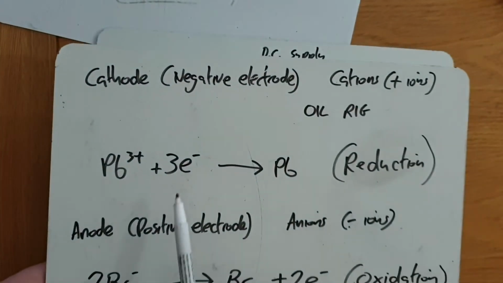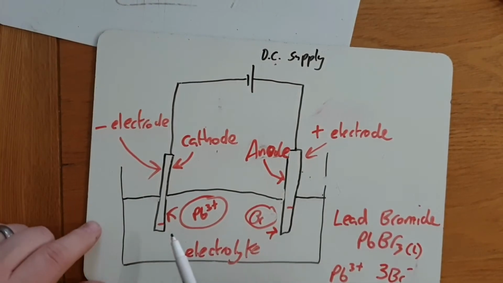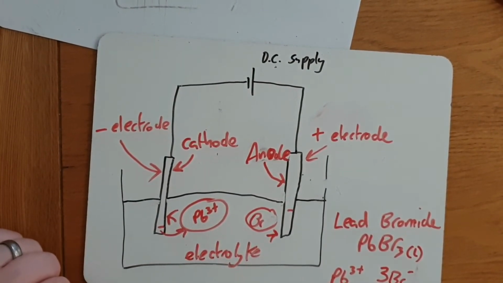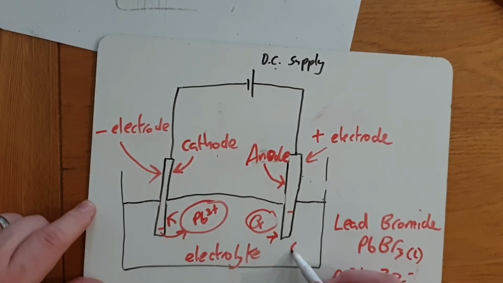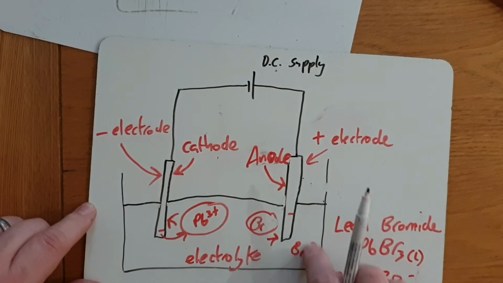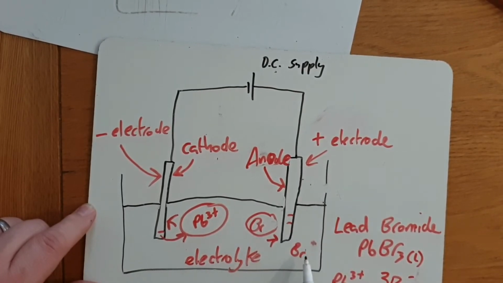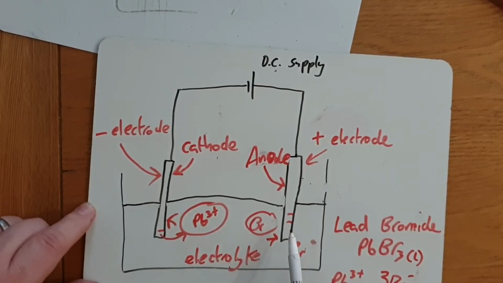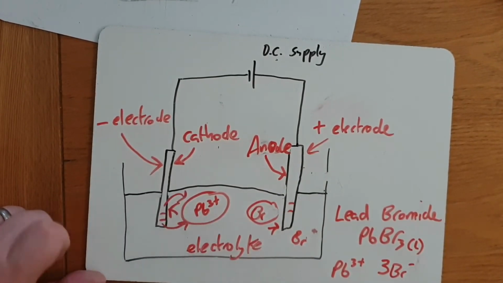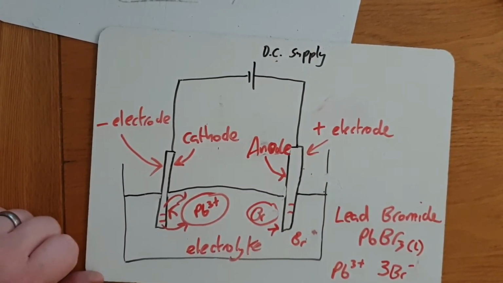And then that electron, what's happening at the cathode? Well, we looked up here, this is gaining electrons. So that electron goes and joins onto Pb. So when this happens here, we'll have another Br minus, and that electron gets ripped off, goes onto there because this has been oxidized, it's losing the electron, and the electron gets pumped around and then goes onto the lead.